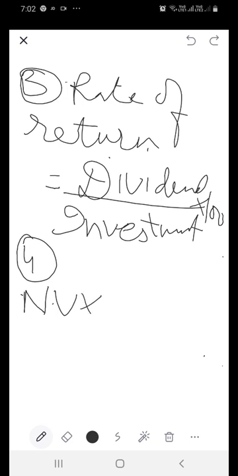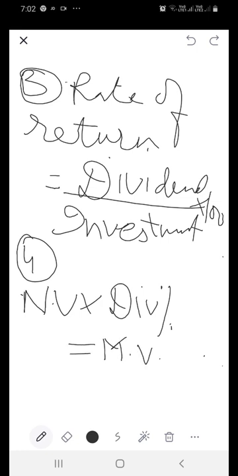Nominal value into dividend percentage, which is given by the company, is equal to market value into rate of return percentage. Rate of return, which I have told you, is the profit percentage.